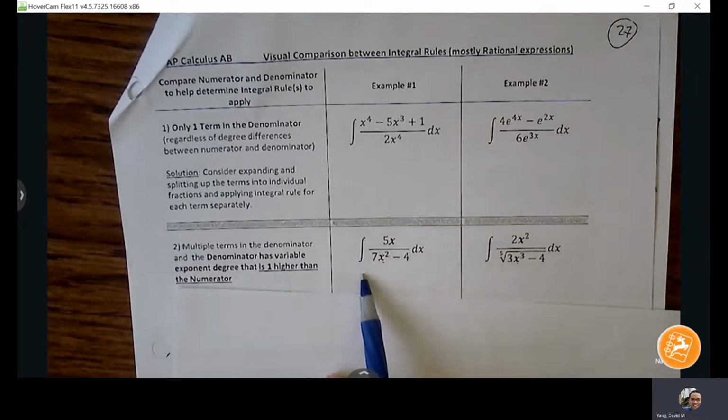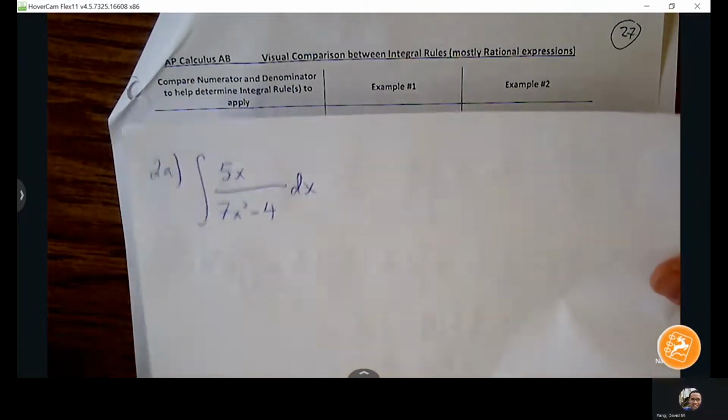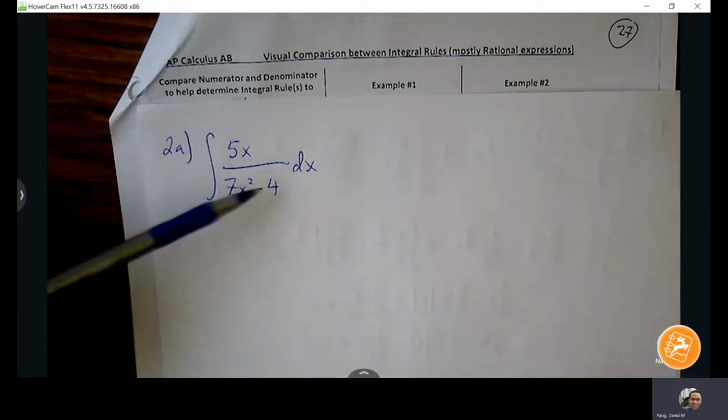Okay, let's try 2a here. So if we look at this problem to begin with, we notice that there's too many terms in the denominator.